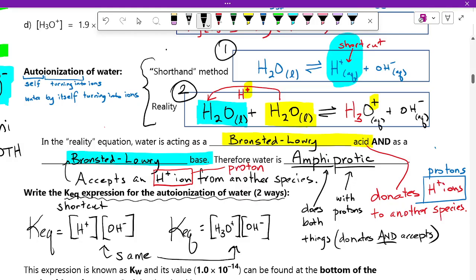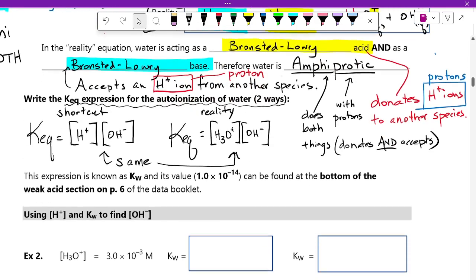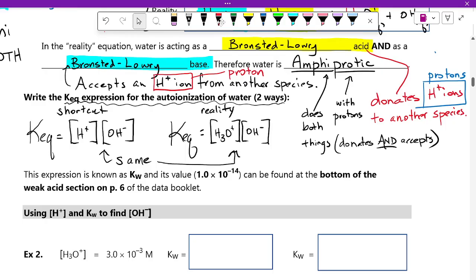This one is reality. And both of those have a special name. What is that special name? It's the KEQ for water, KW. Okay? So this is KW.